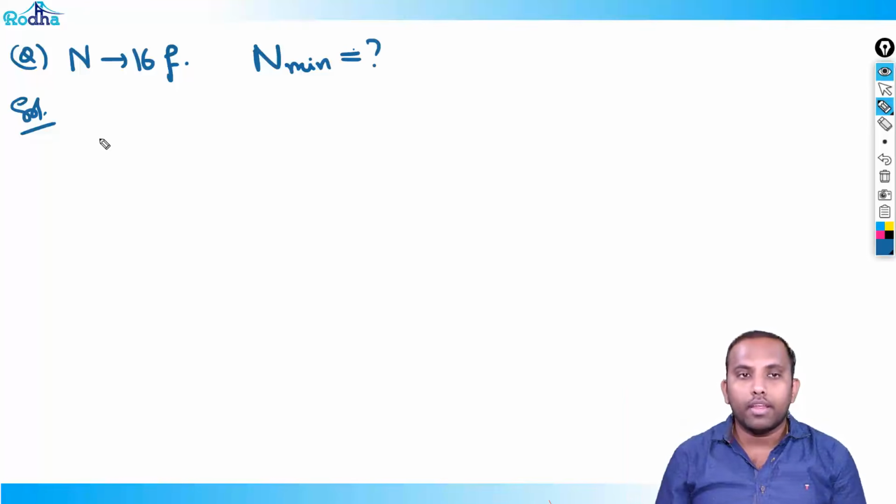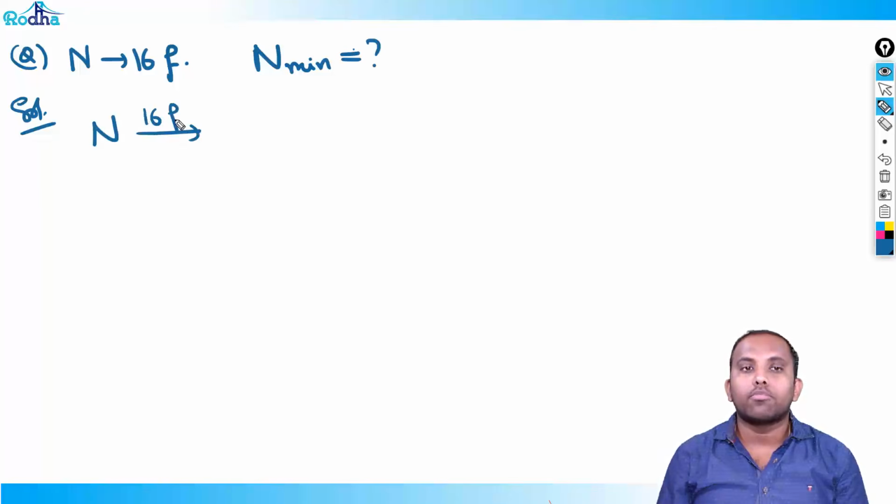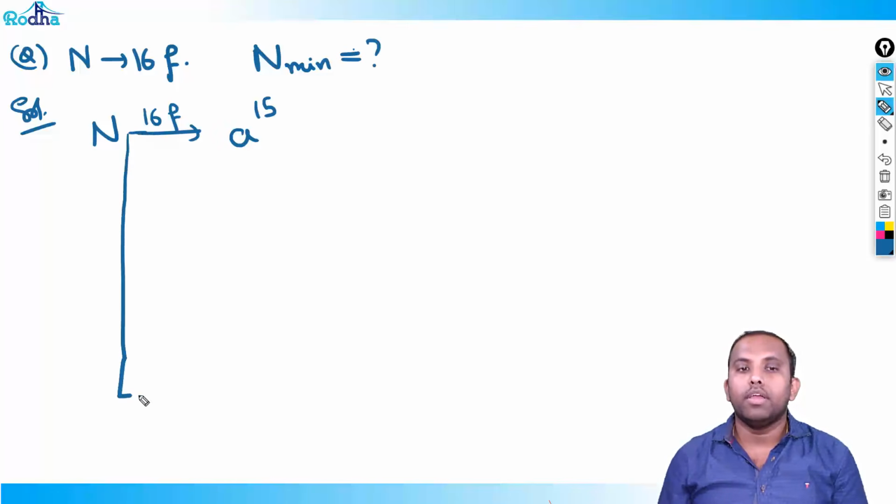If you don't split 16 at all, n can be written in terms of a raised to 15. This is a single prime base, and this is for the single. And this is for the maximum. The maximum will be in terms of maximum splitting. So 16 can be split as 2 into 2 into 2 into 2.